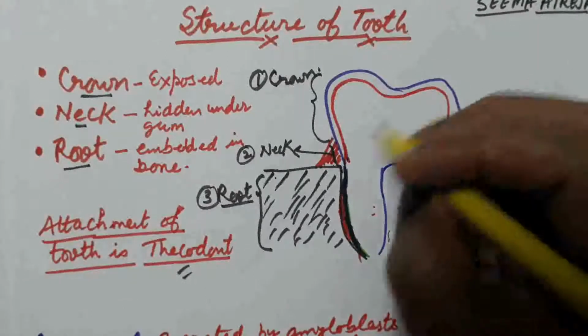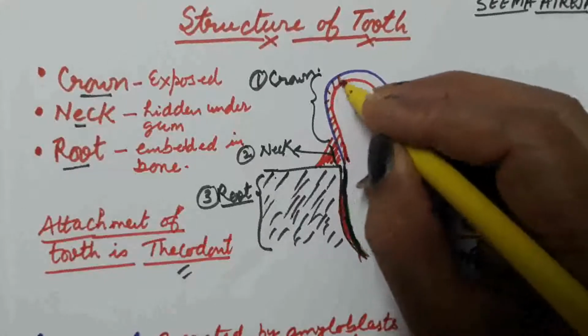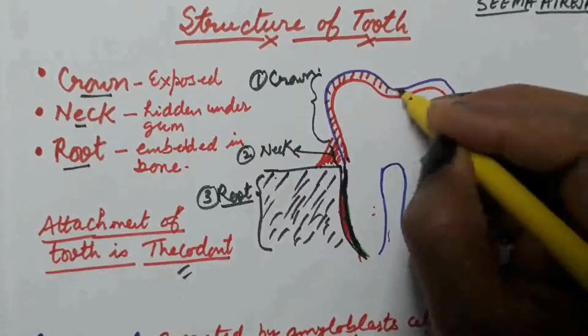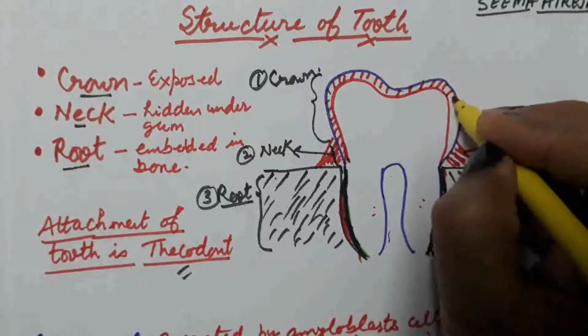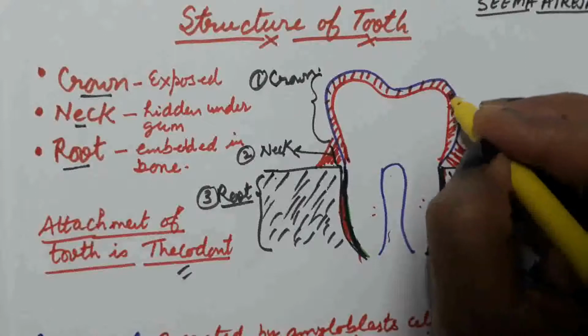This is the enamel, which is present only in the crown region and forms the outer layer of the crown region.